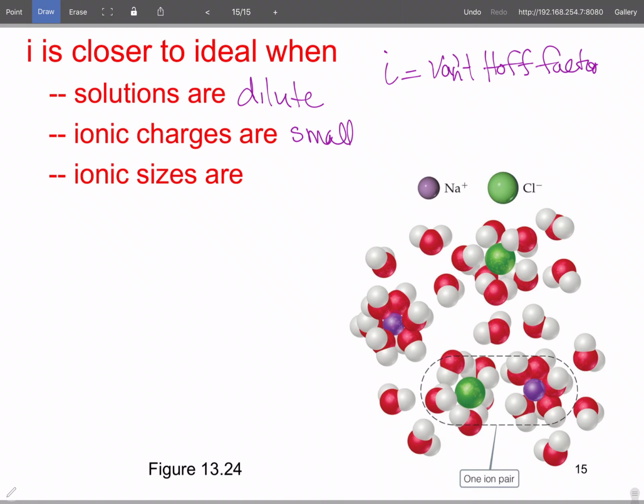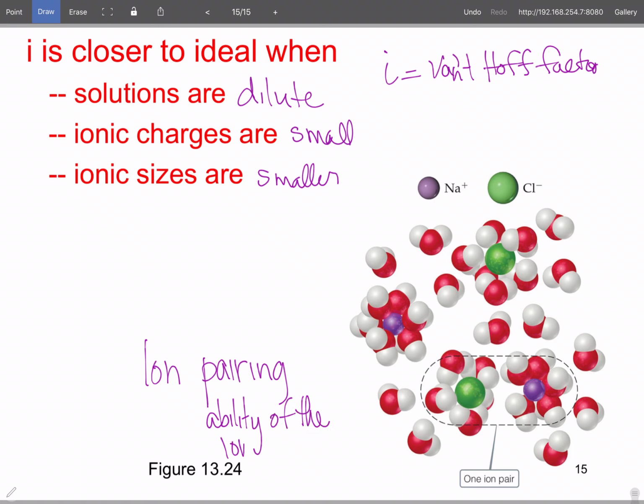Remember, as they get large, they get farther away from ideal, and when the ionic sizes are smaller. And the reason why is something called ion pairing. What this really boils down to is the ability of the ions to separate.